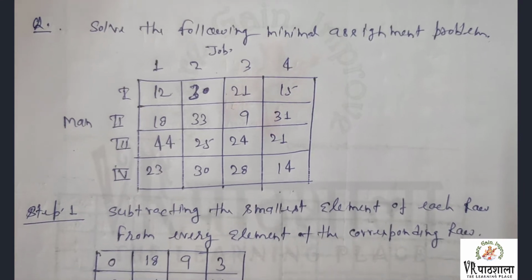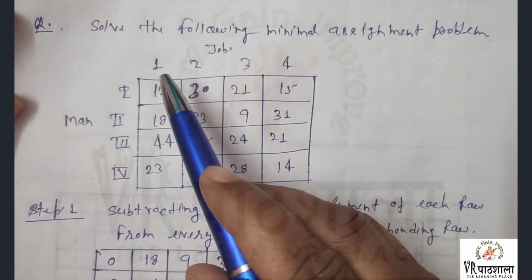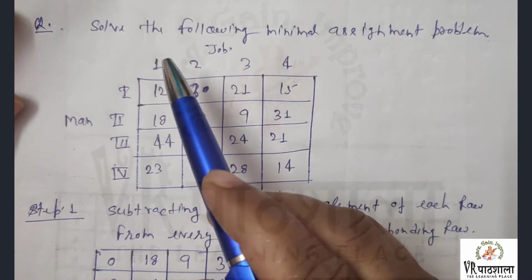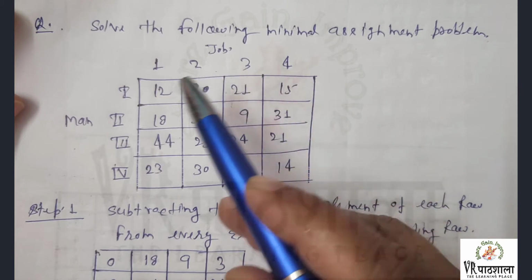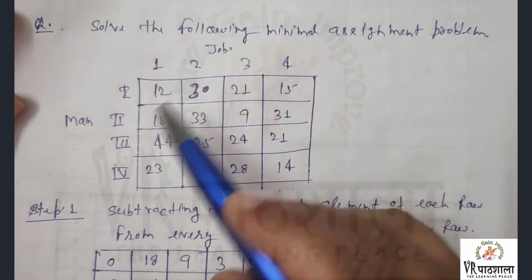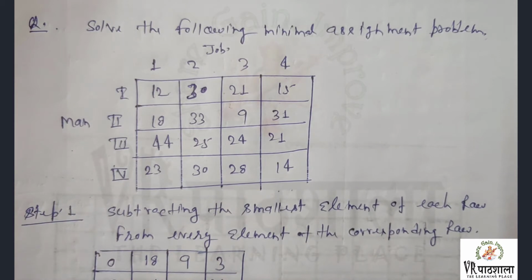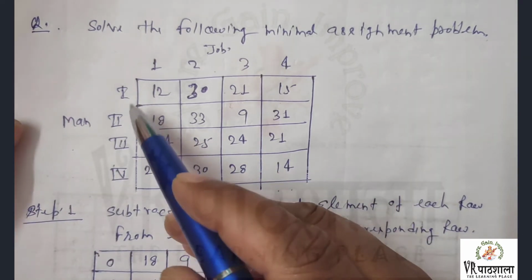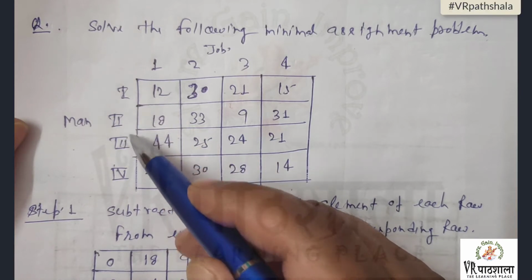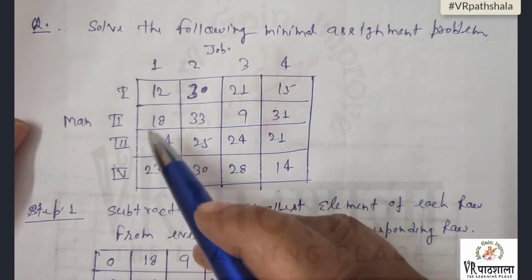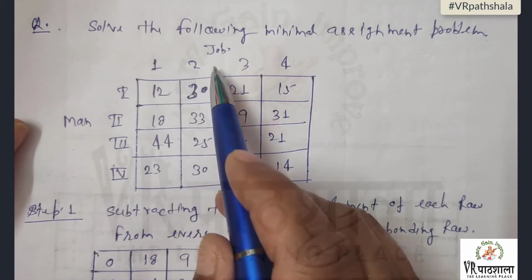Now we have a problem here. We have a cost matrix. Here the persons are first, second, third and fourth, and the jobs are 1, 2, 3, 4.